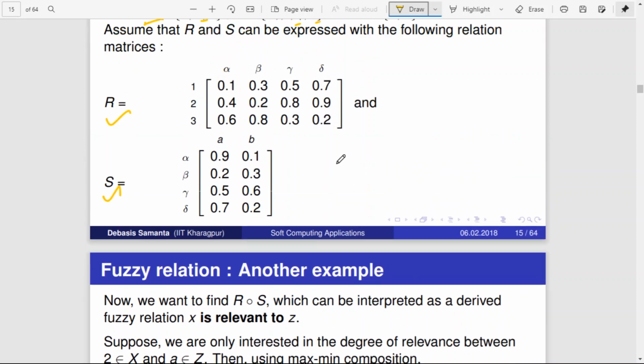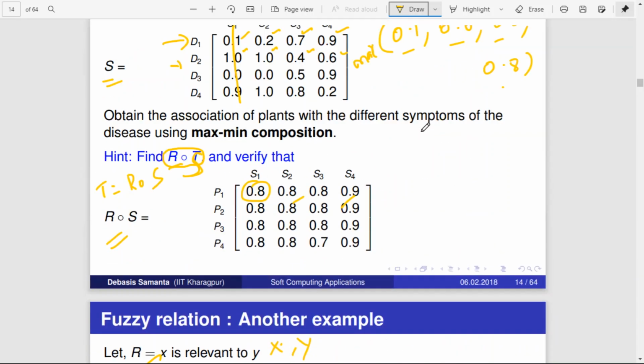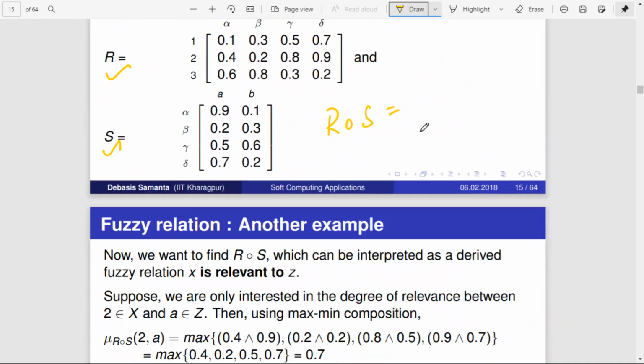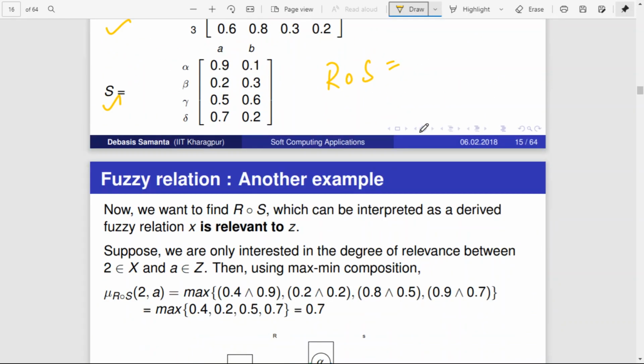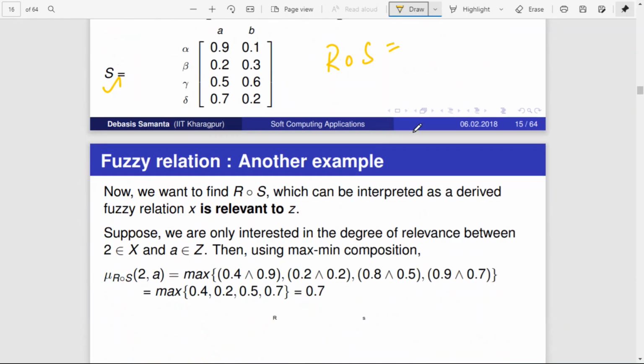Now we can calculate R cross S, that you know. That is how you have to calculate it. Now what else are we going to do? We can also map individually.